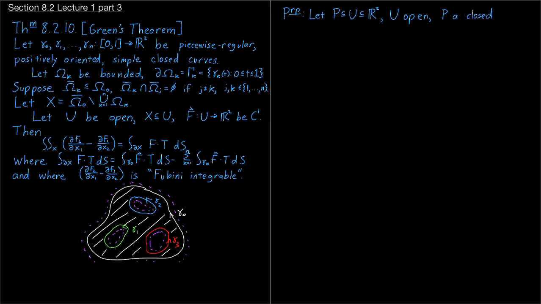Remember, we said that polygons were closed and bounded, but I'm going to go ahead and write out that we want them to be bounded anyway. And the conclusion then is that Green's theorem is true.